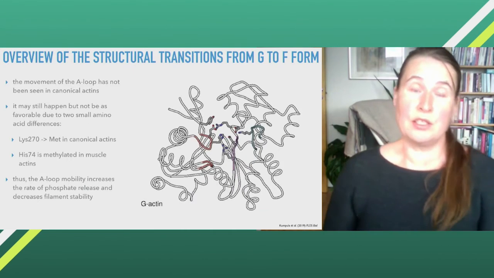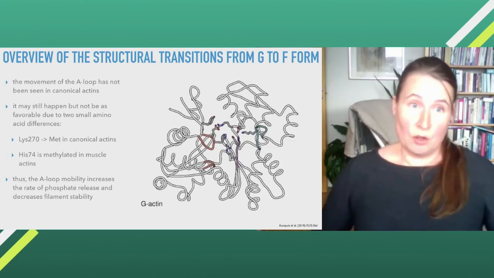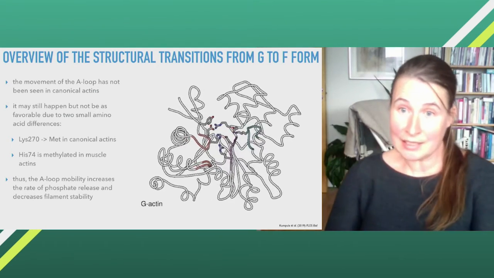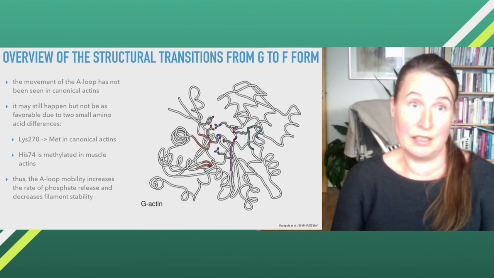So we can actually say that the movement of this A-loop is linked to phosphate release and filament stability in the parasite actin.